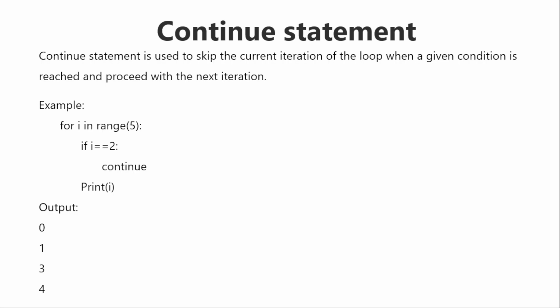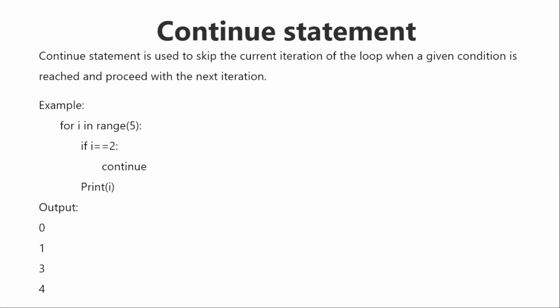In the example, for i in range of 5, if i is equal to 2, we are adding a continue statement which helps to skip that current iteration and proceed with the next iteration. So if the value equals 2, that iteration will be skipped and the rest of the elements will be printed. This is the working behavior of the continue statement.